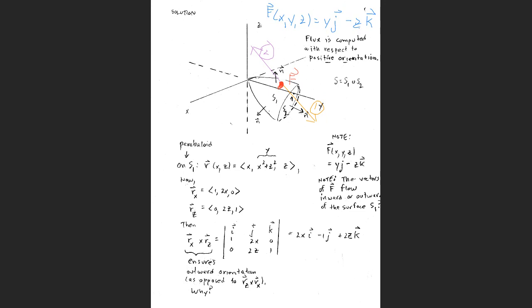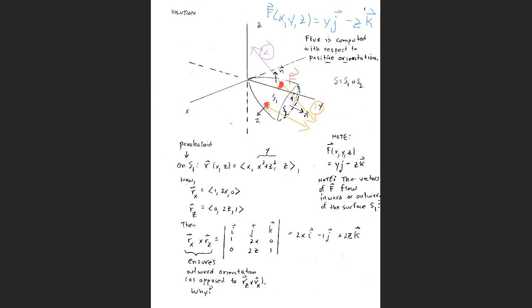And the same thing here, if you pick a point down here, below the xy plane, there the z is negative, that vector is going to have to be going in this direction as well, because the y component is positive and the negative z, which points in the k direction, is going to be positive because z is negative. So all the points on the surface, the vector field is flowing inward to the surface.